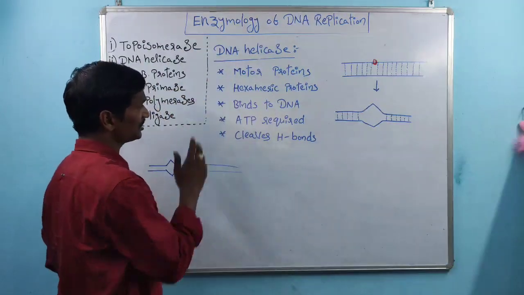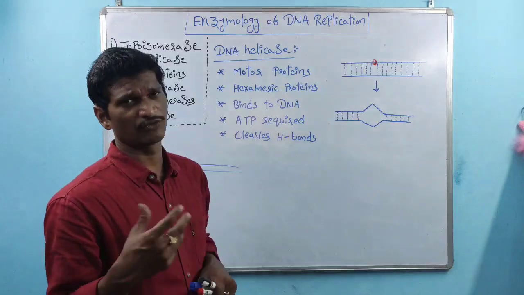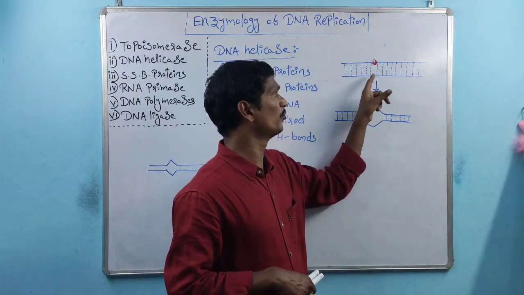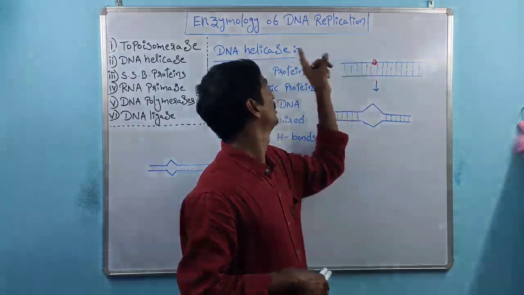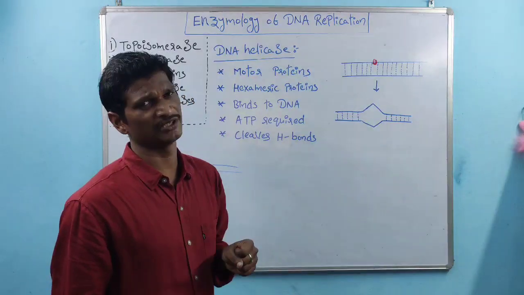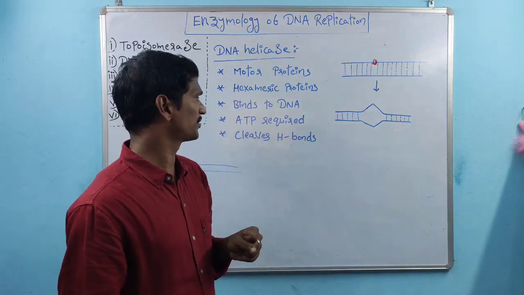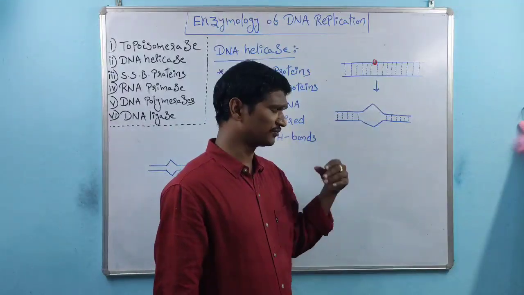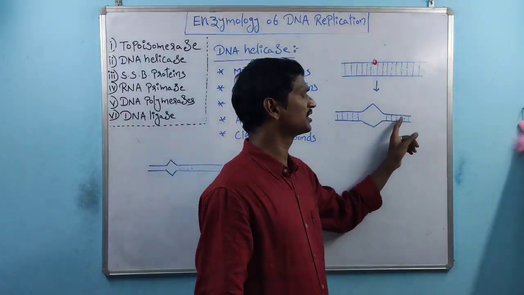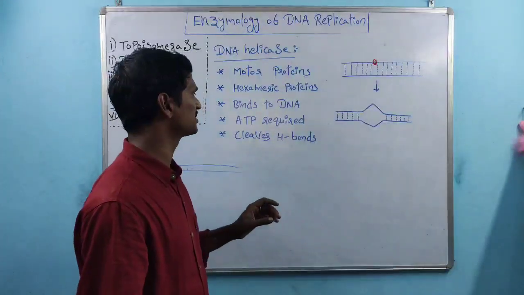Right? So this enzyme requires energy in the form of ATP for the cleavage of hydrogen bonds, or for the movement of the DNA helicase enzyme. With the utilization of ATP, the enzyme moving on the DNA templates cleaves the hydrogen bonds and the two strands are open.